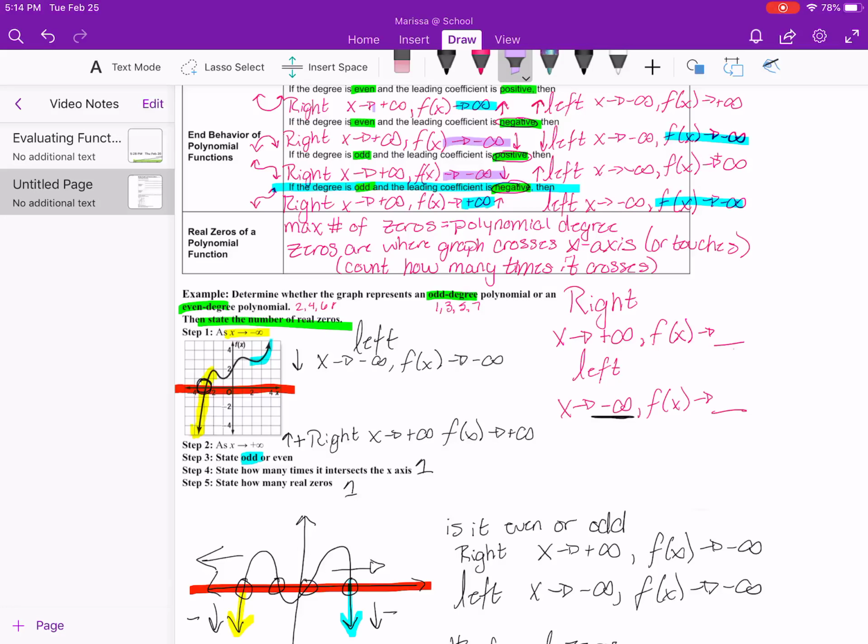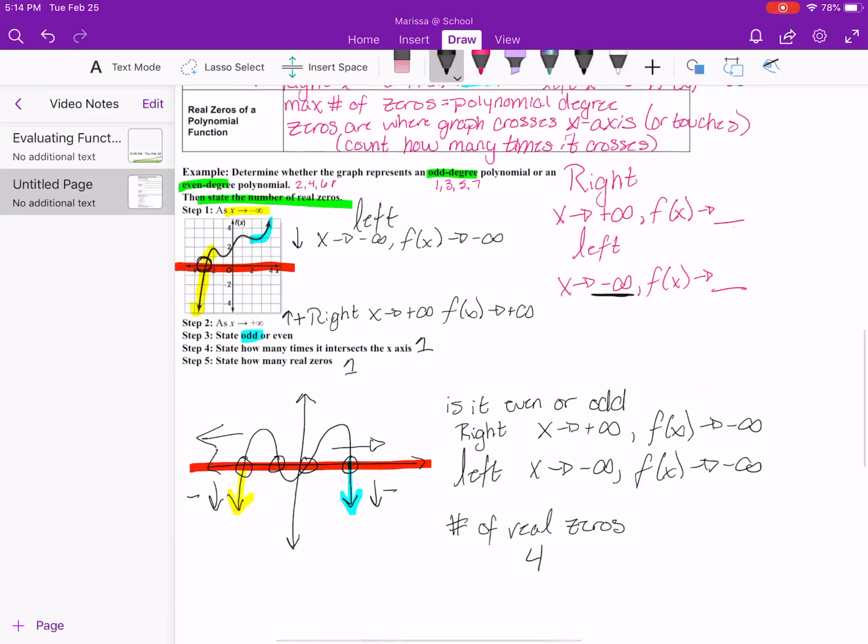So my negative places on the left are here and not there. Here and here. So the ones that overlap then is the fact that I am even. So this is going to be an even function, an even degree. That's all this is.